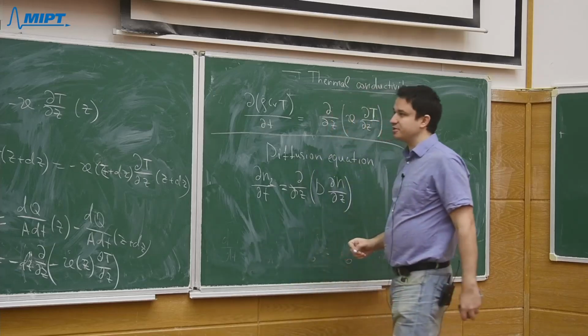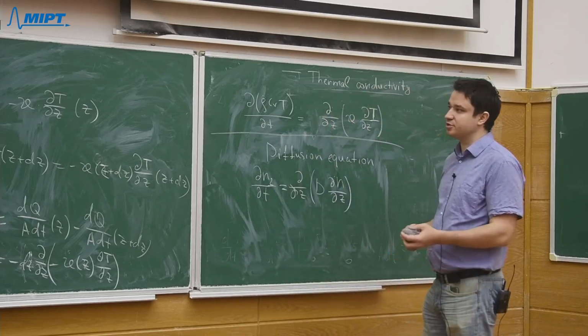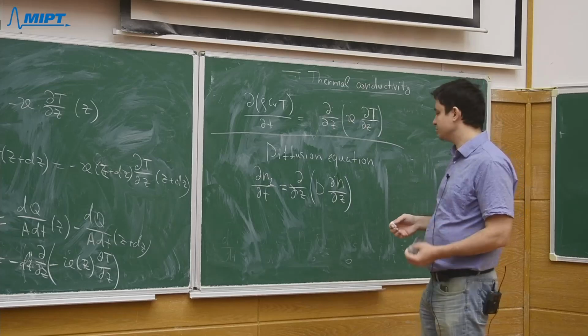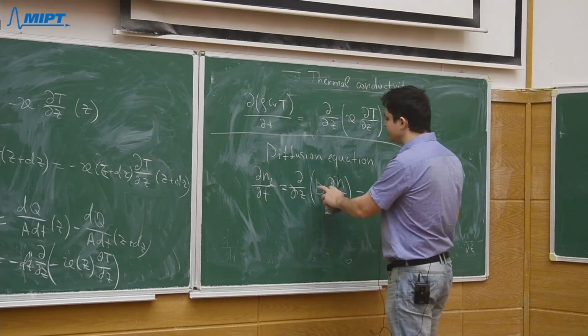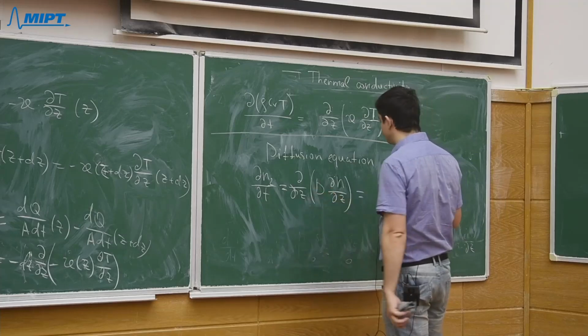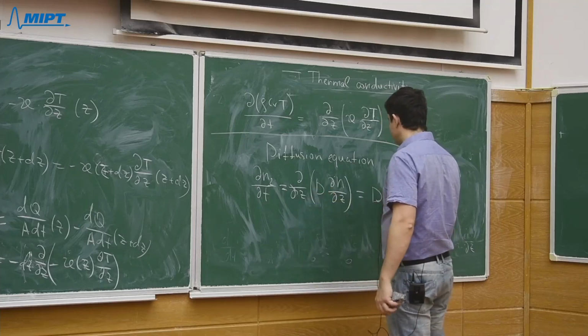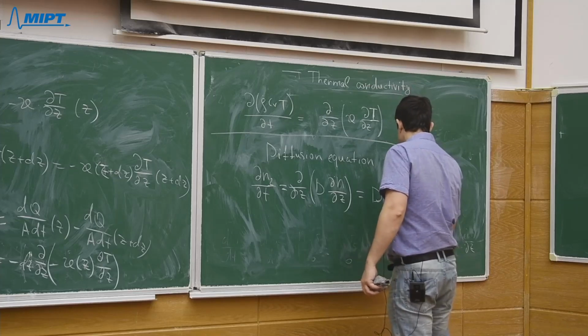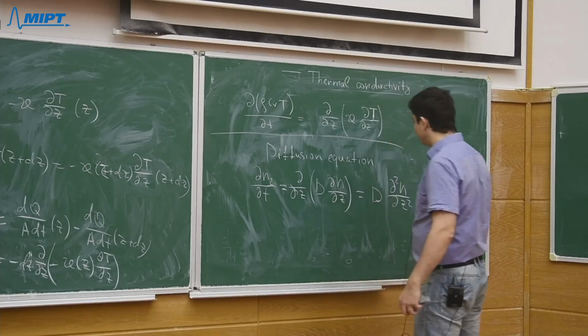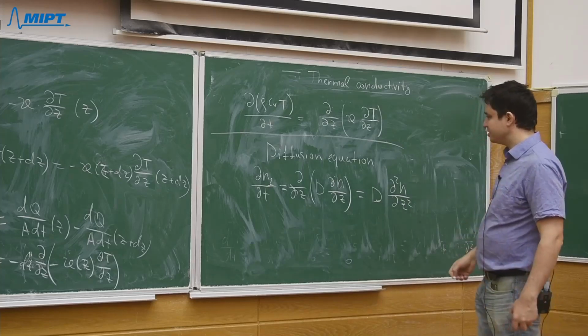And as we have established previously, since at a constant temperature the diffusion coefficient is independent of the pressure or the number density, I can take the diffusion coefficient out and get that this is equal to D times the second derivative of the number density over z.